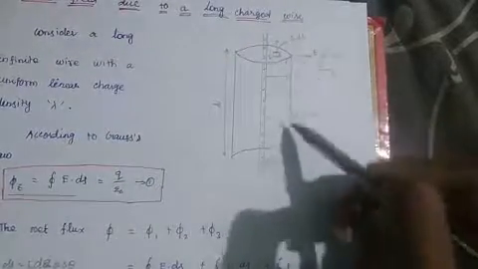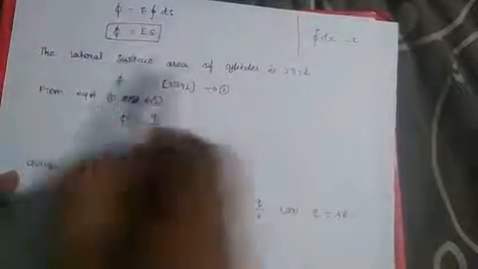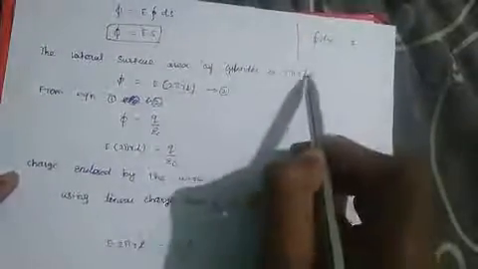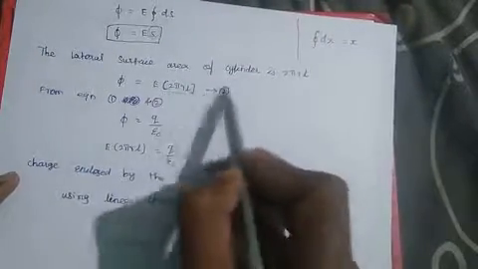This is the lateral surface area; the total surface area is different for the cylinder. We are going to find the field only along the lateral surface area, so the surface area can be substituted as lateral only. The lateral surface area of a cylinder is 2 pi RL. Replace the surface with 2 pi RL. Take this as equation 2.